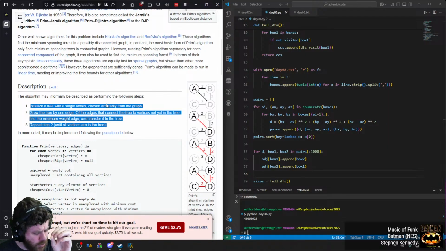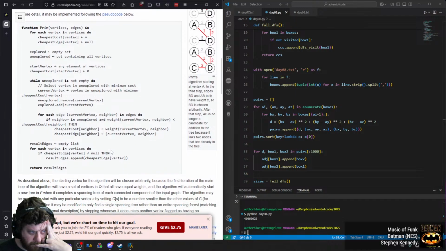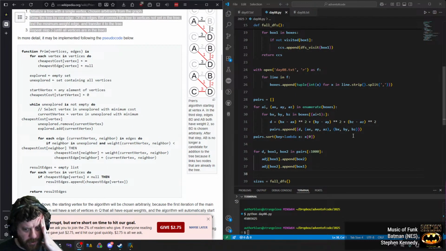But I think the resulting tree is the same tree. I'm curious if this is going to generate the same tree.